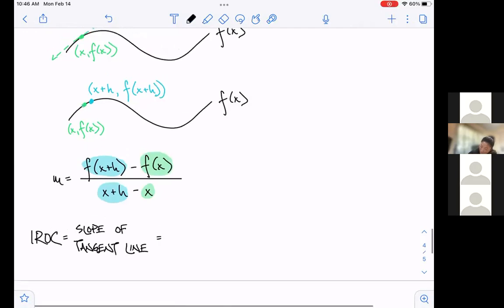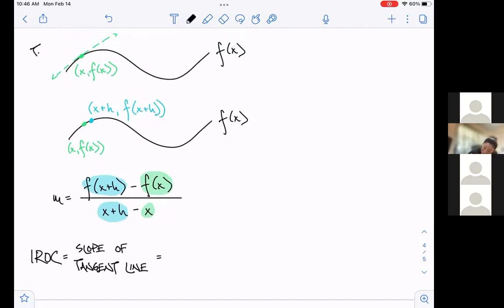Okay, so maybe let me write that up here. When I take the slope at just one point, I'm saying that's a tangent line. So when I take the slope of this, I want this h to be as small as possible.